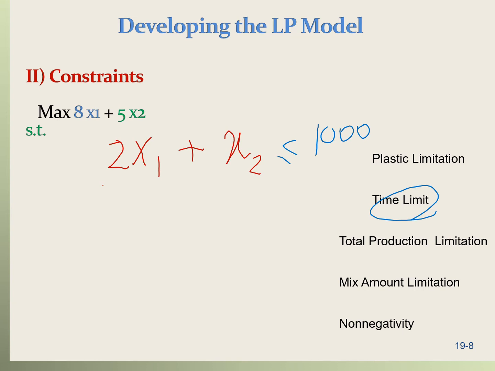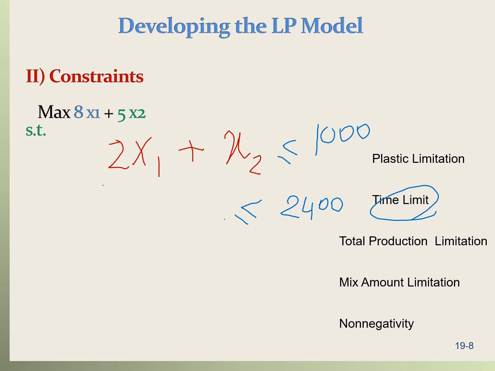Because we are dealing with minutes, we have to convert the hours to minutes. So our limitation on the timing would be 40 hours multiplied by 60, that's 2,400 minutes per week. The total processing time spent on producing x1 and x2 should not exceed 2,400.